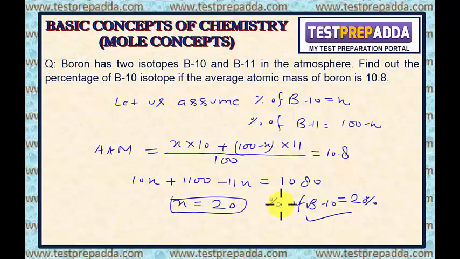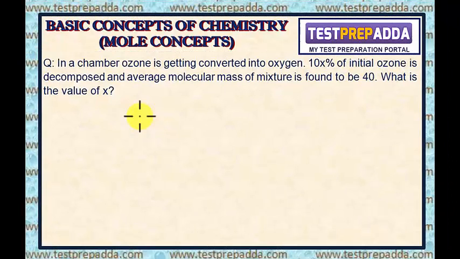Okay, now I'll take another question here. Here the question says, in a chamber, ozone is getting converted into oxygen. 10x percentage of initial ozone is decomposed and the average molecular mass of the mixture is found to be 40.